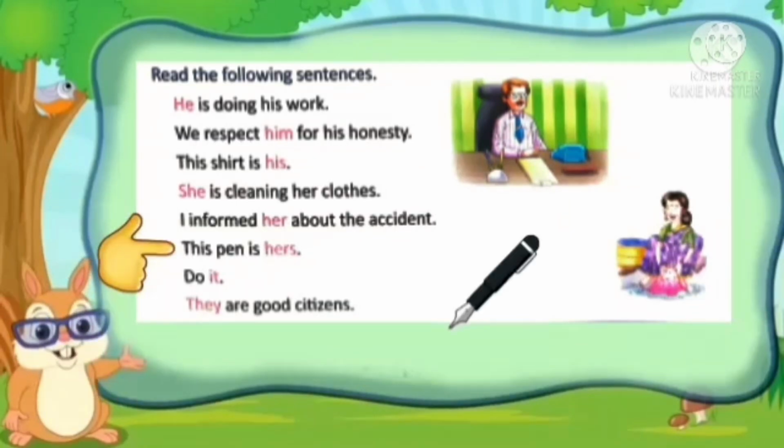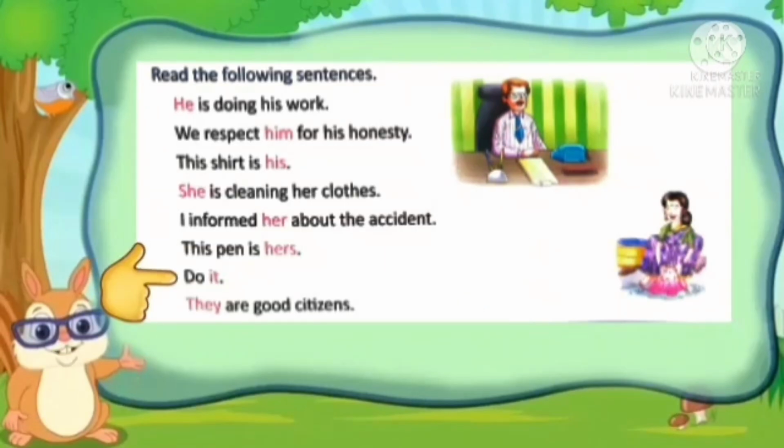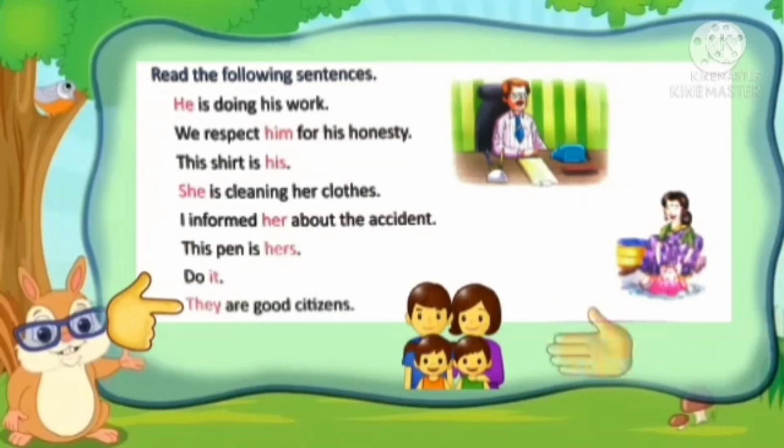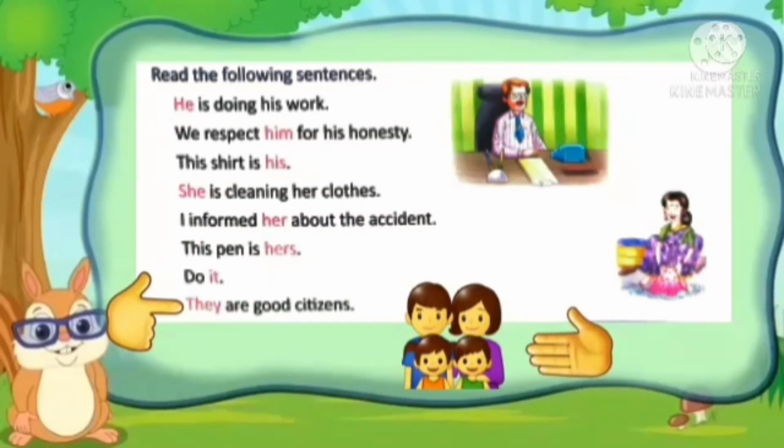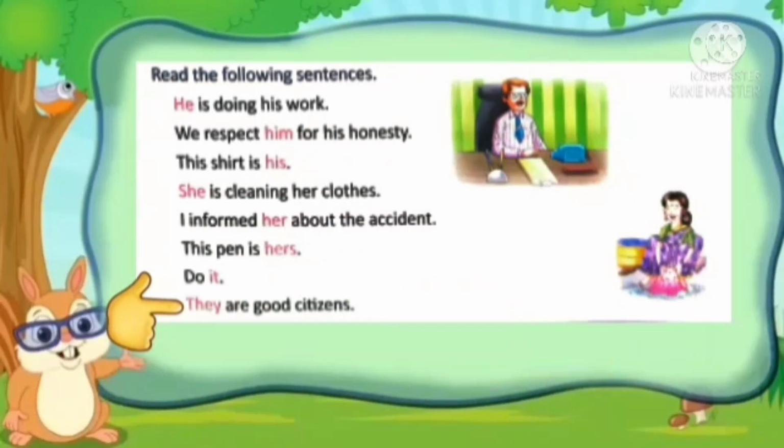Now this pen is hers. ये उसका पेन है. Do it. यह करो. They are good citizens. Now we are talking about the persons जिसमें हम include नहीं हैं. जब we लिखते हैं तो we में हम खुद भी include होते हैं, और जब they लिखते हैं तो they में हम include नहीं होते हैं. जिसके बारे में हम बात कर रहे हैं, जो more than one person होता है, उसके बारे में हम क्या यूज़ करते हैं?